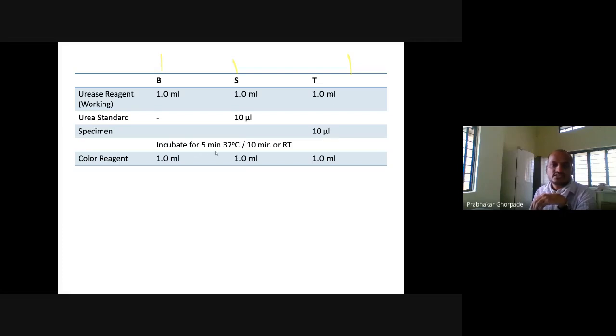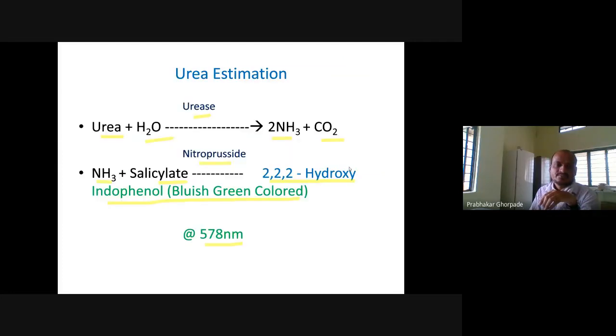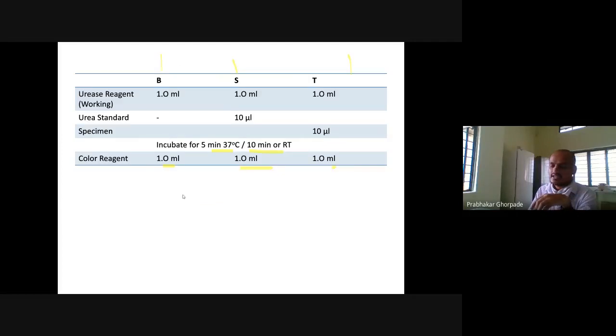You are incubating this test 5 minutes at 37 degrees Celsius or 10 minutes at room temperature, and then we are adding color reagent 1 ml to each, and then we are observing this color, because now urease is breaking the urea into ammonia and carbon dioxide. Ammonia is reacting with the salicylate, and with the nitroprusside it is getting 2,2-hydroxy indophenol, which has a bluish green color, and this bluish green color we can measure in this test.